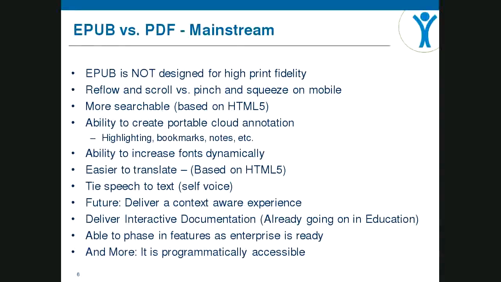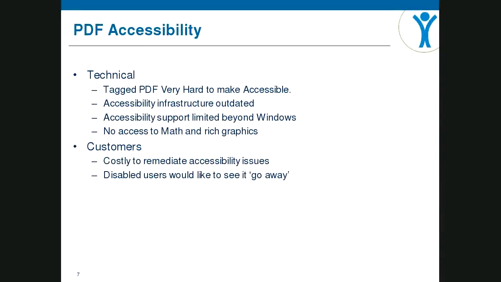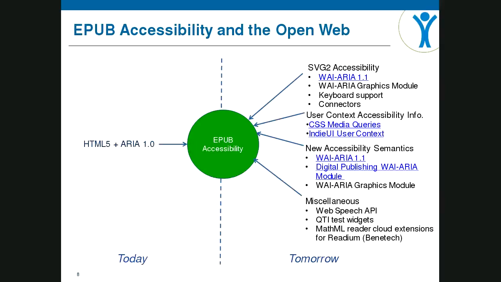So there's another slide on PDF, and I'll go to slide 8. When we use HTML5 in EPUB, we have the benefits of accessibility that we get from the WAI, the Web Accessibility Initiative.